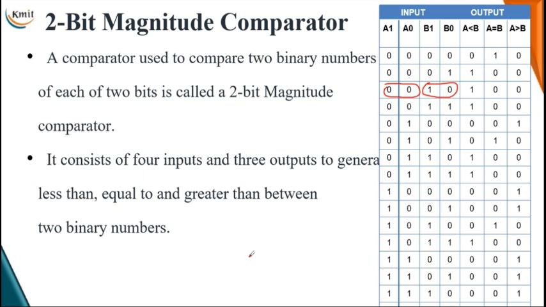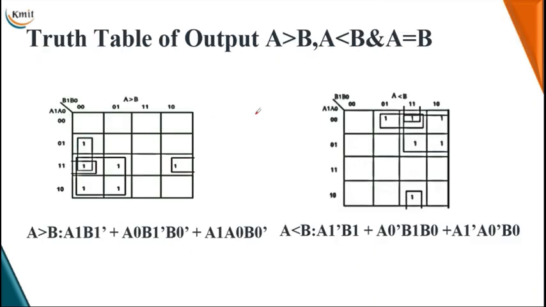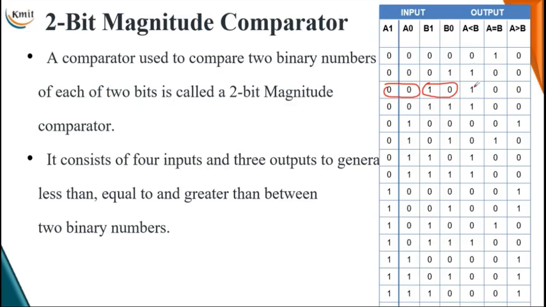Now if I write all the 15 combinations, then for the output expressions we are going to derive each output function for A greater than B, A less than B, as well as A equal to B. Now the A greater than B function value is 1 for 4, along with 8, 9, and also 12, 13 and 14.